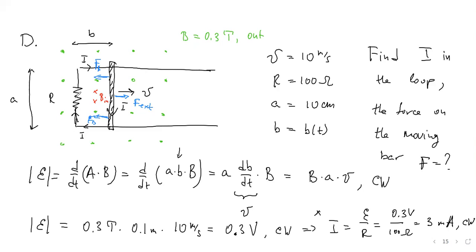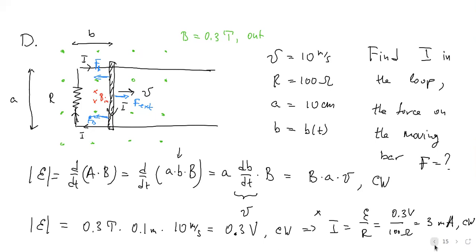If it's a light bulb, the light bulb may be flashing. You have to move fast enough probably to produce it, but 0.3 volt is not that small. We have to say the magnetic field is too strong and you move this a little bit too fast. But yeah.